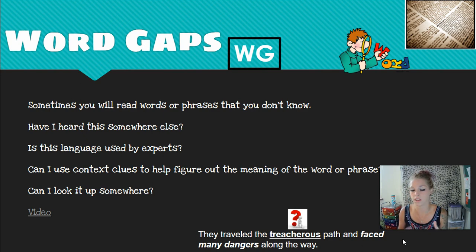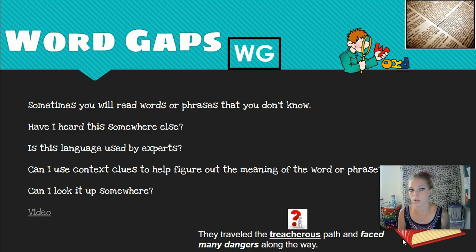I'm kind of thinking of Little Red Riding Hood going through the forest to try and find her grandma, running into the wolf. So a treacherous path probably means something that's not safe, maybe because of the surroundings or the way the ground is. It's probably something that's not good. And I know that based upon my context clues. And if you were to look it up, the definition of treacherous is very similar to what I just explained.